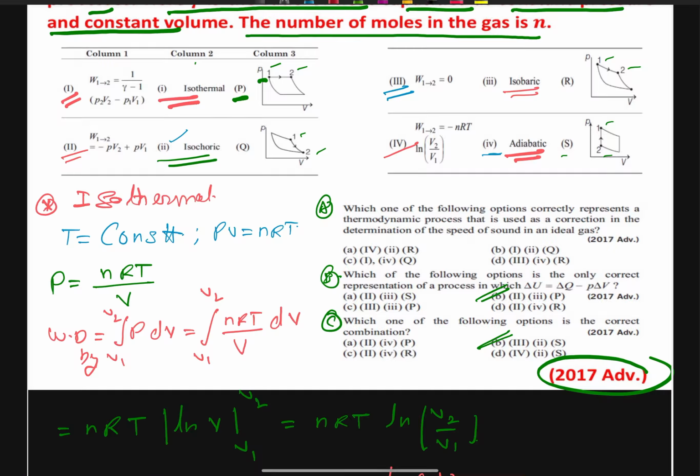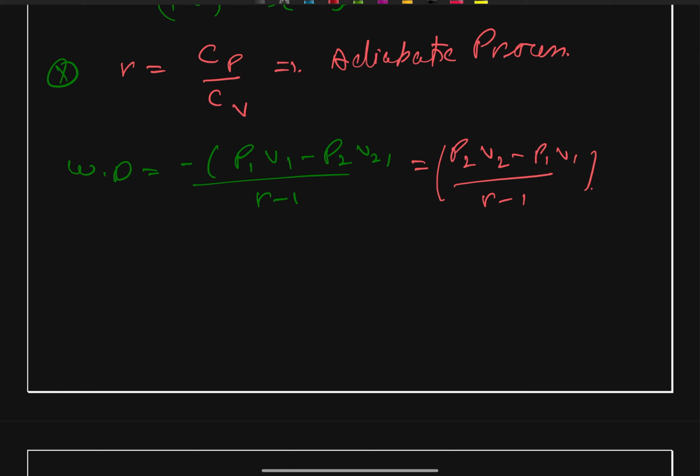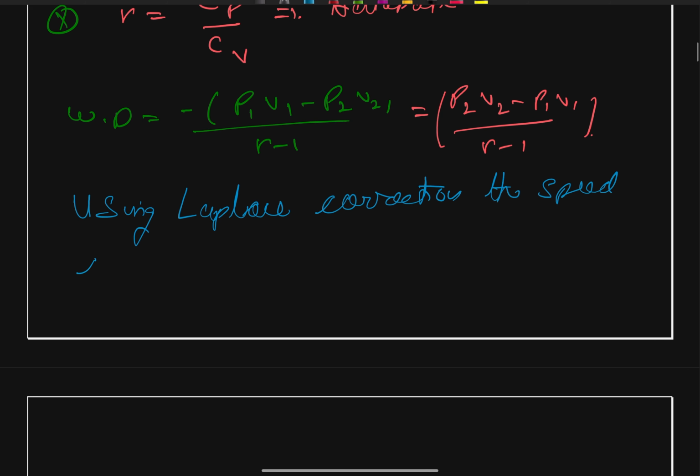So we can say that with the help of Laplace correction, the speed of sound in an ideal gas is adiabatic.